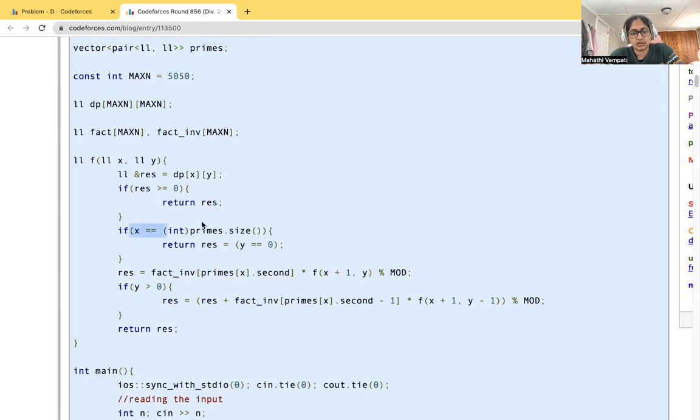X is the last guy. Res equals Y equals 0.